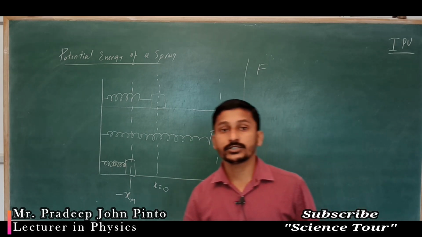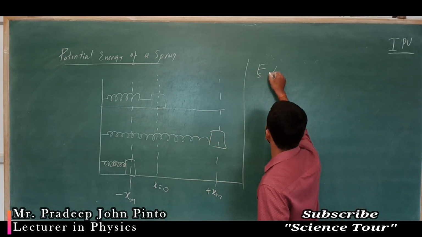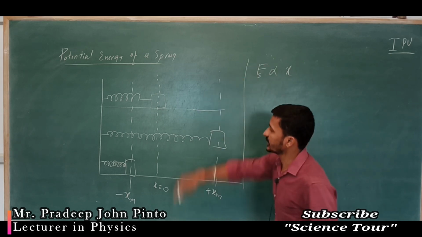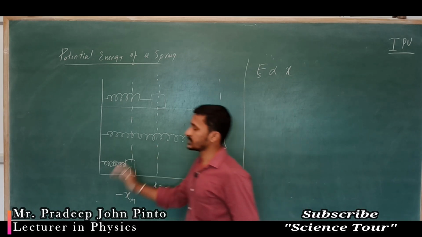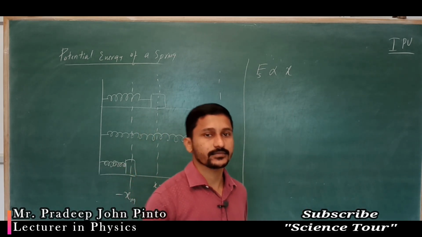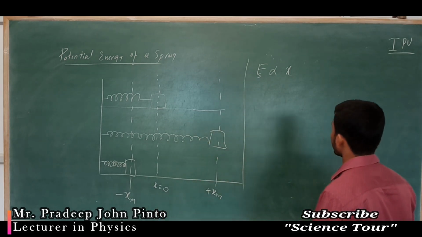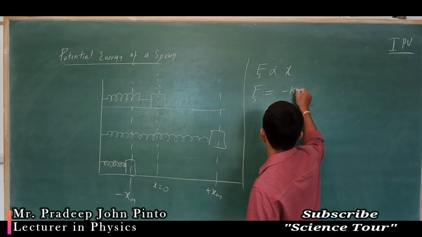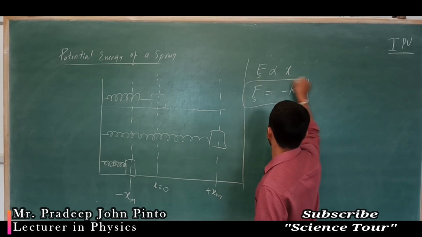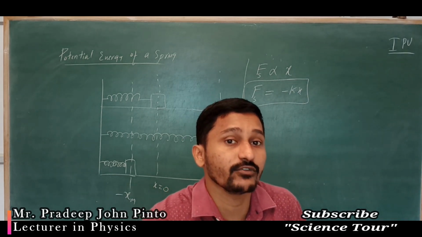So the spring force is opposite, and it is directly proportional to the distance. As I extend this, spring force increases. As I compress it, spring force increases. It is directly proportional to the displacement, so I can write the spring force equal to minus kx, where k stands for the spring constant and the minus sign is there since the spring force is opposite.